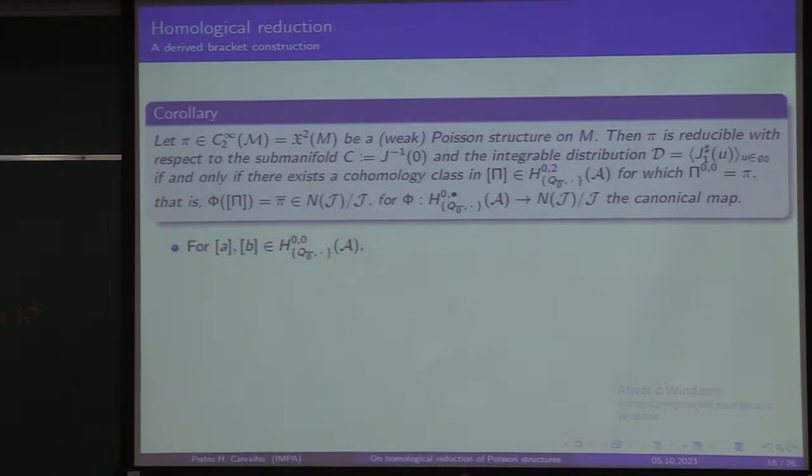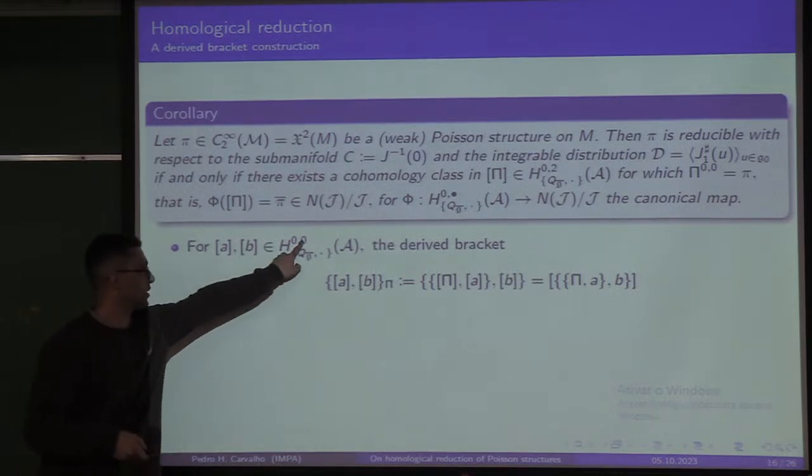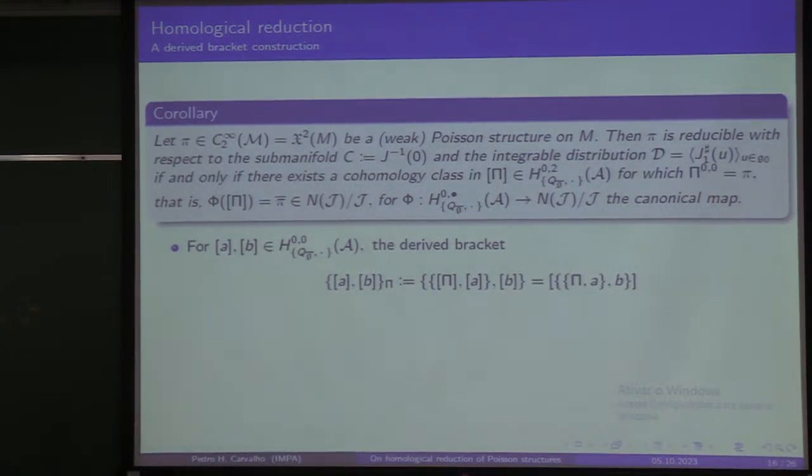And it turns out that with this guy, you can define a Poisson bracket on this 0-0 cohomology. Because, as I said, when you have this bullet here, you have multivector fields, and this bullet computes the degree of the multivector fields. When you have C2-0, you have functions on the reduced space. And it turns out that with this cocycle here, you can define this derived bracket.